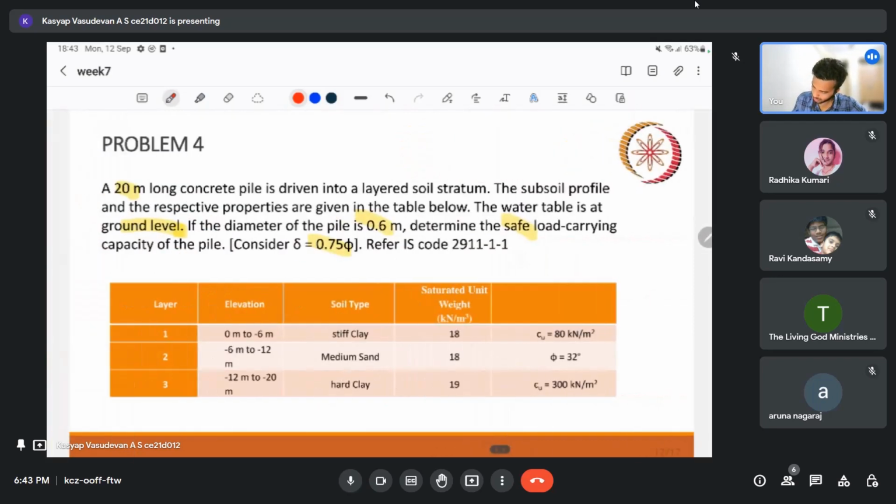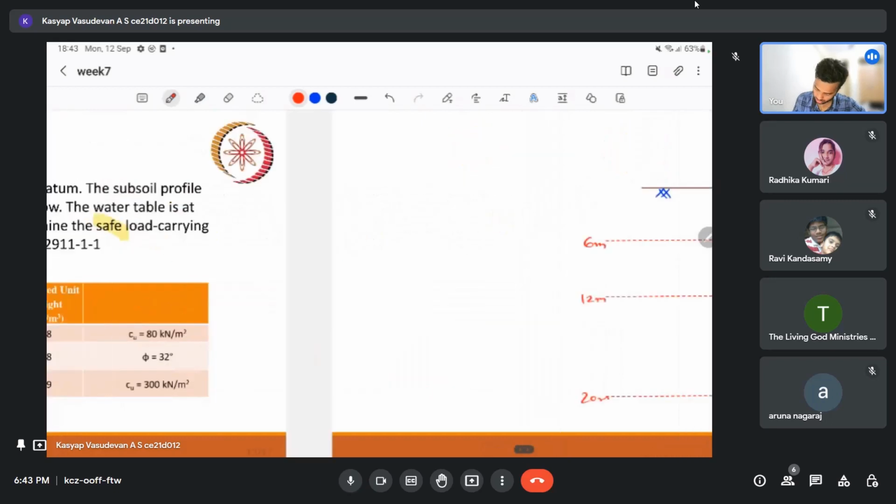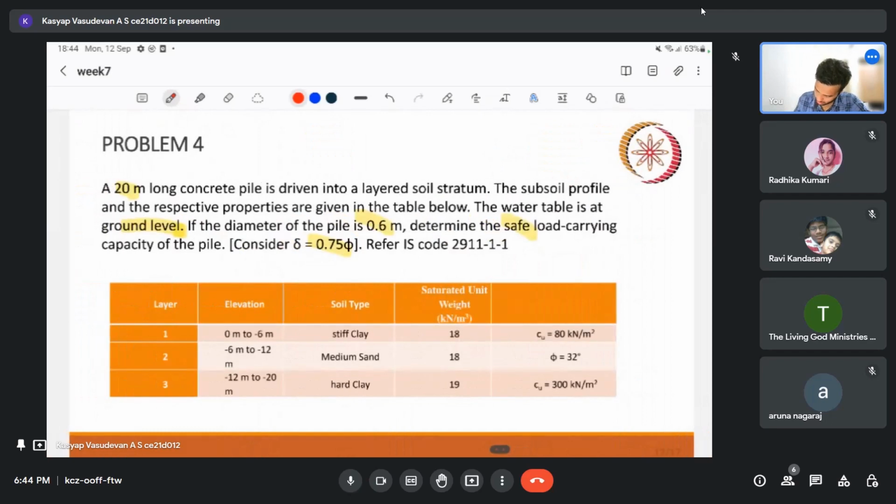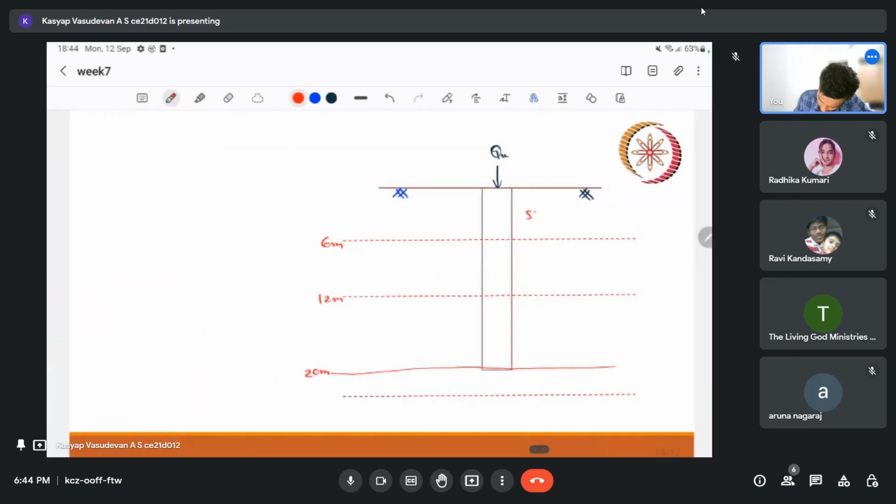The length of the pile itself is 20 meters, so I guess this is the level, 20 meter. Let's see the properties. We have stiff clay, medium sand, medium sand, and hard clay.